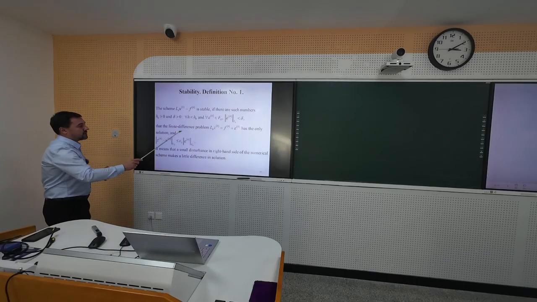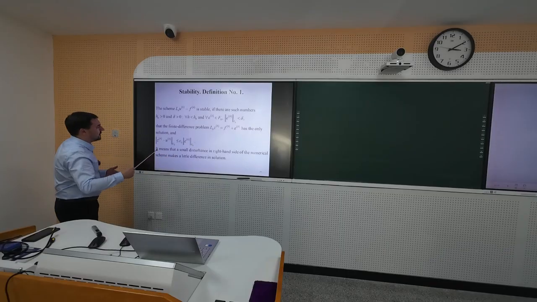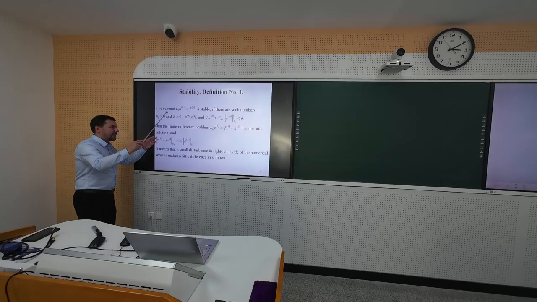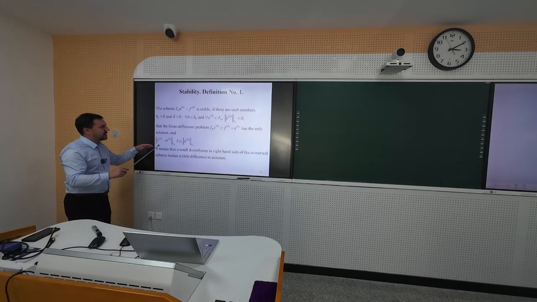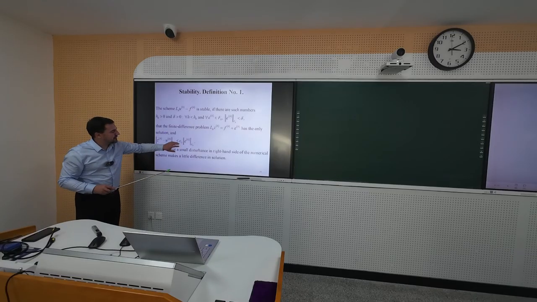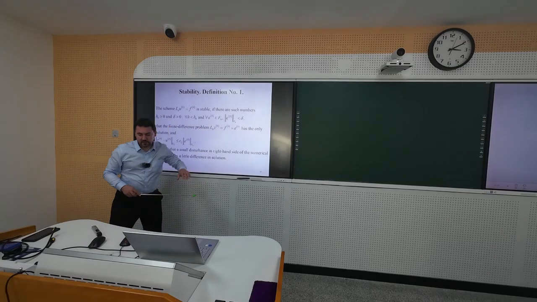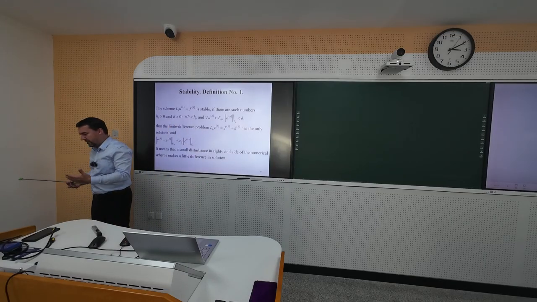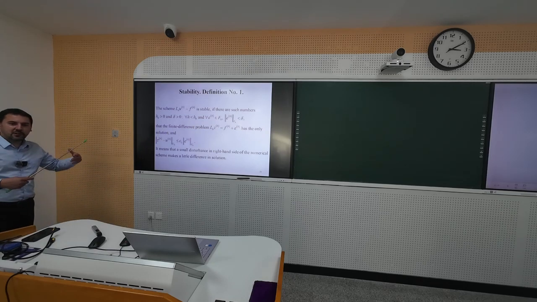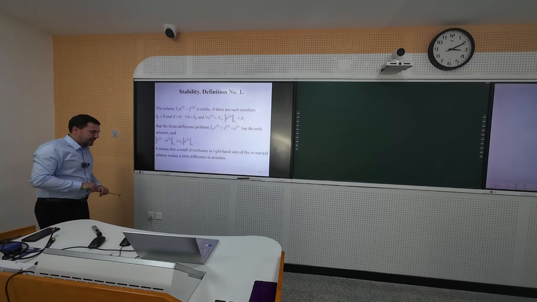So we provide this disturbance, and the solution of this problem exists, and the norm of the difference between the numerical solution of our initial problem and the one with the disturbance is small enough. It is less than C3 times the norm of this disturbance. The idea is clear: a small disturbance should not change your numerical solution significantly.